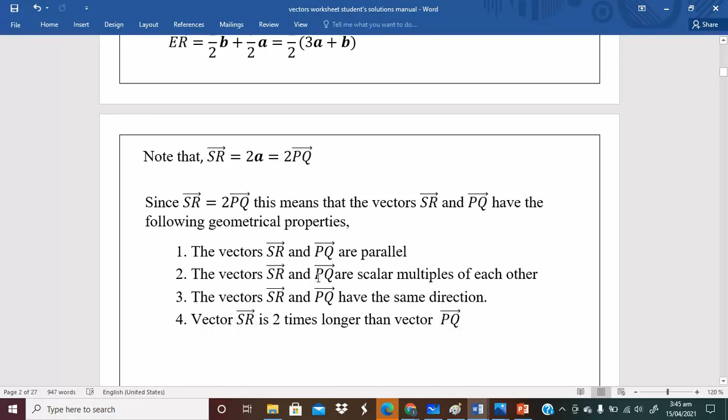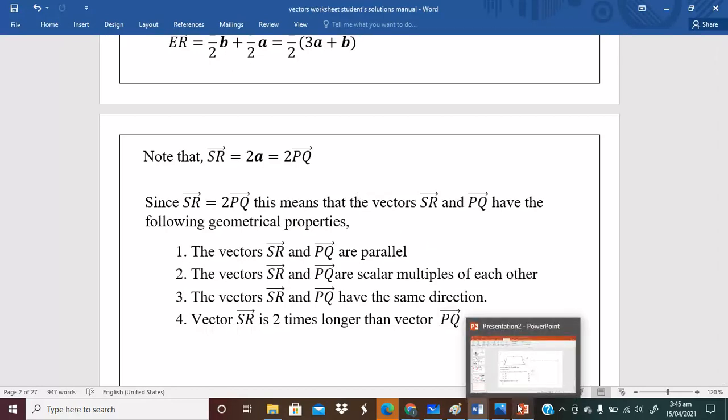So all this information is talking about the vector SR and the vector PQ. But we must be careful because the question did not ask us about the vectors PQ and SR. They asked us about the line segments PQ and SR. So we can say two things about this.